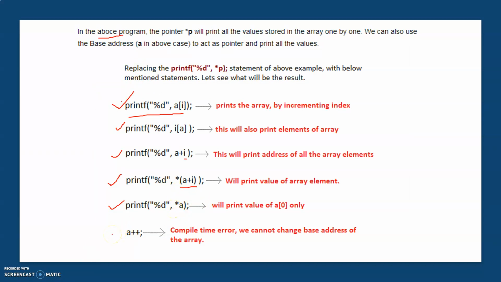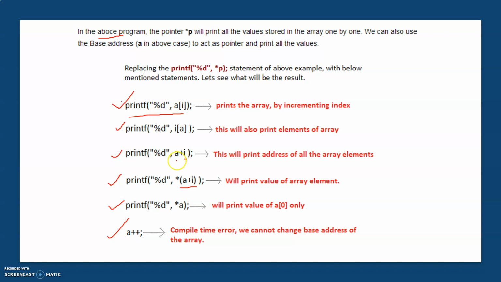And the last one is a++. a++ means it will increment, but here there is a problem. We cannot write printf("%d", a++) because it will give an error. Why a compile error? Because you are incrementing the value of a. Now how can you increment a? A alone doesn't mean that address. When you use a+i, that means index.